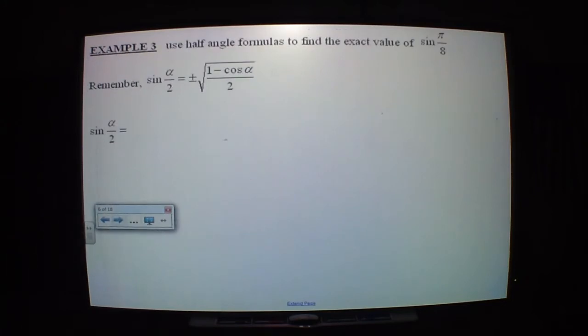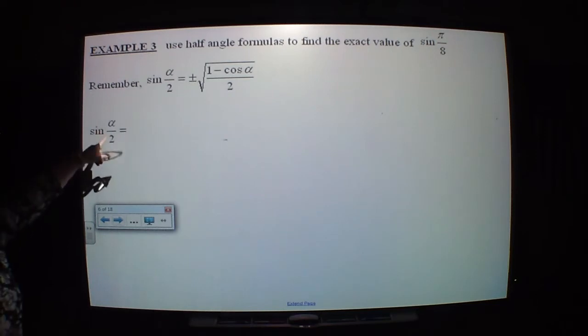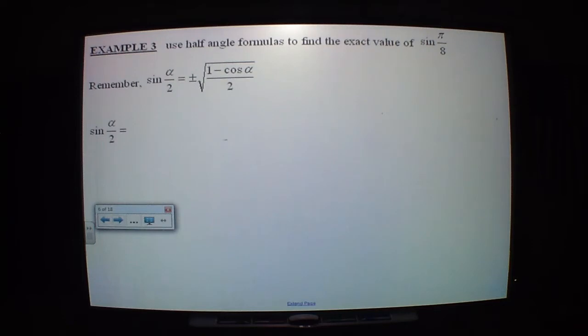Example 3, use half-angle formulas, find the exact value of sine of pi over 8. There's a formula written. Remember your half-angle formula. You can think of alpha over 2. I want something over 2 to equal pi over 8.